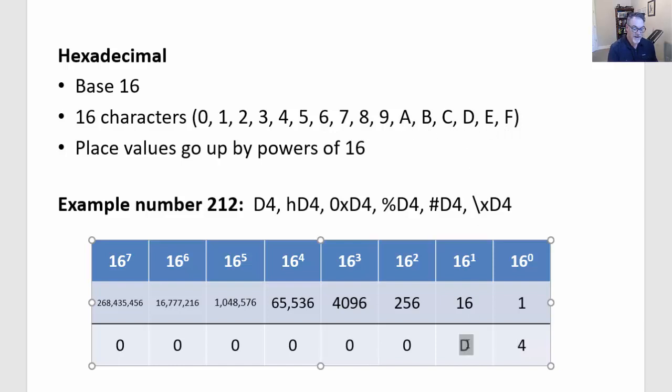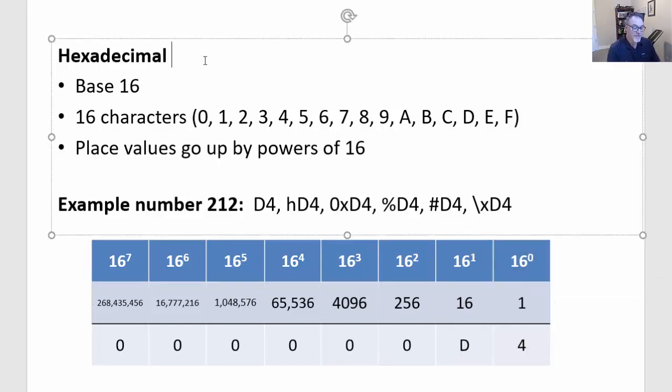So if I wanted to know what I have here, I would say I've got 13 times 16 plus 4. And that's the difficult part, what is 13 16s? Well, I could tell you 13 times 16 is 208.